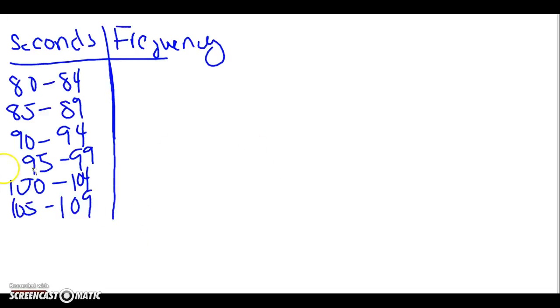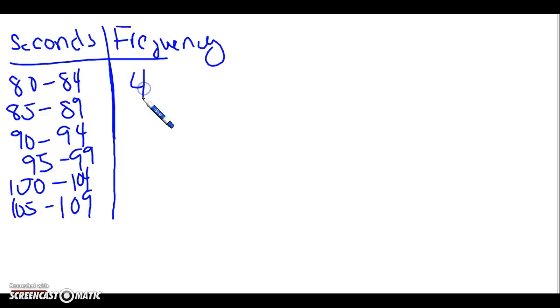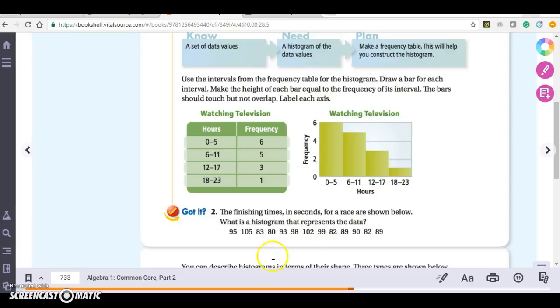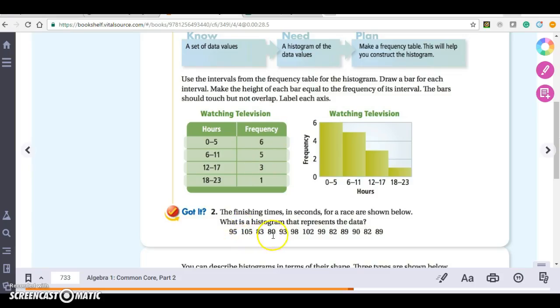Okay, and so I'm going to count now my frequency. So how many do I have from 80 to 84? I have 1, 2, 3, 4. So I'm going to put 4 here. From 85 to 89, I have 1, 2. So 2 goes here. From 90 to 94, I have 1, 2.